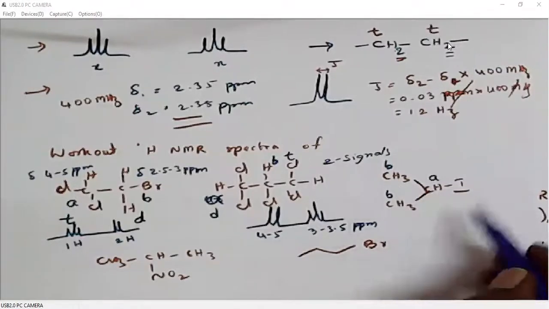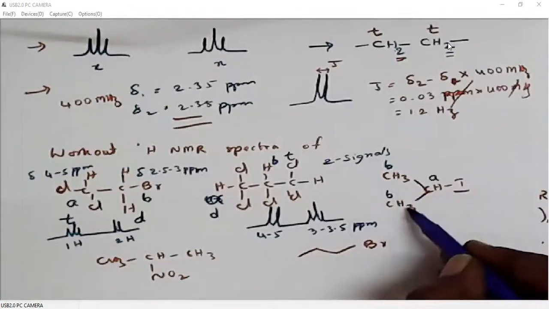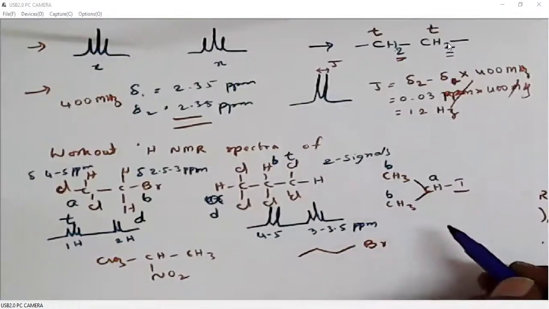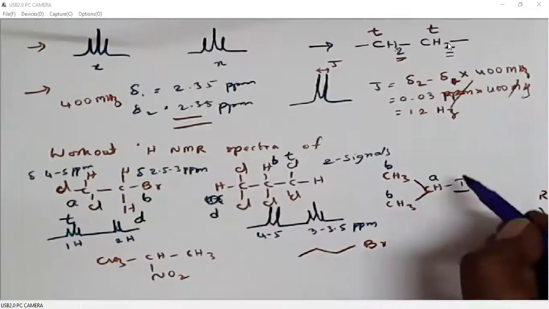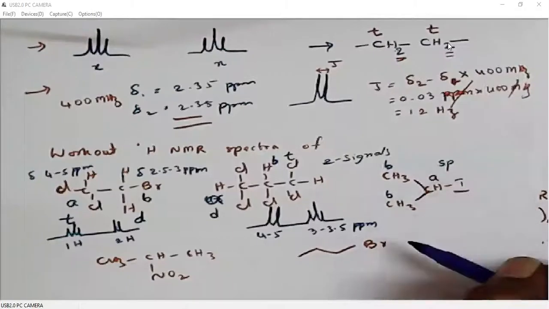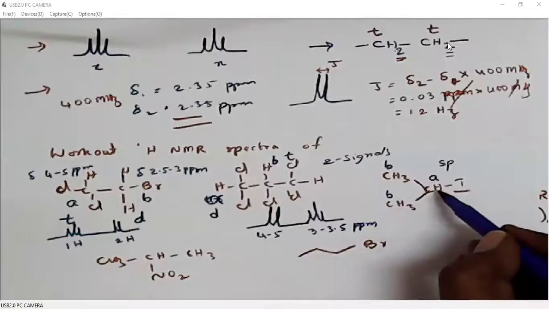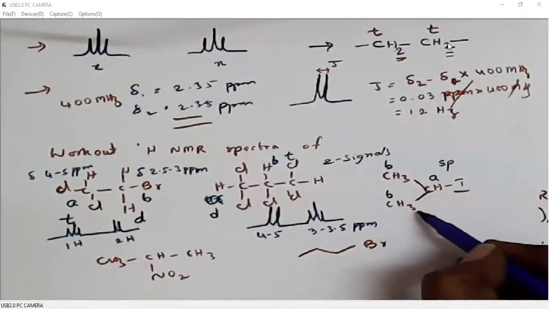Coming to the multiplicities, this proton has 3 plus 3, 6 alpha hydrogens. So according to the n plus 1 rule, it gives a septet, 6 plus 1, 7, septet. Whereas these methyl groups have only one alpha hydrogen, so 1 plus 1, doublet.